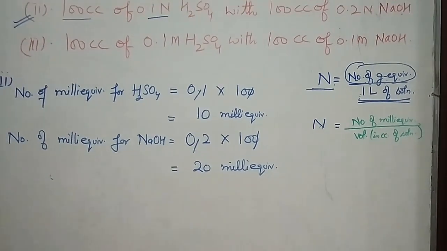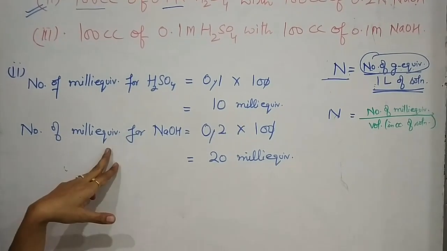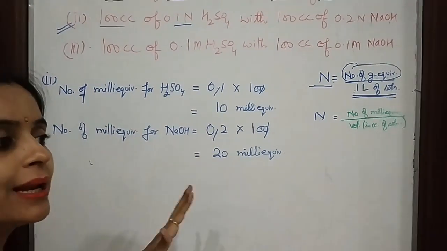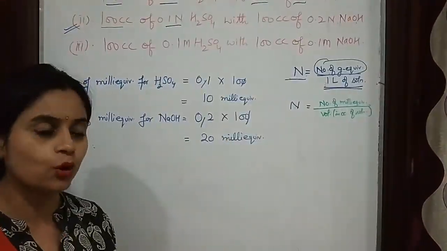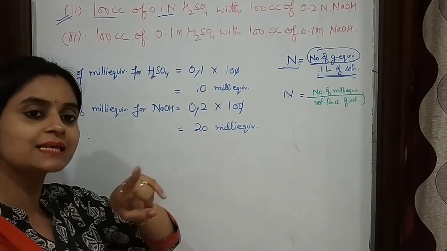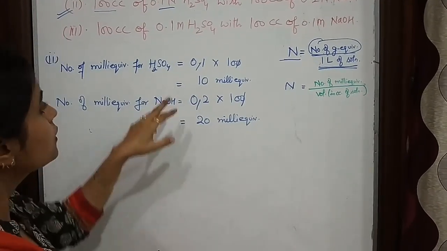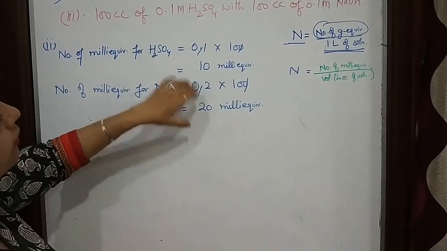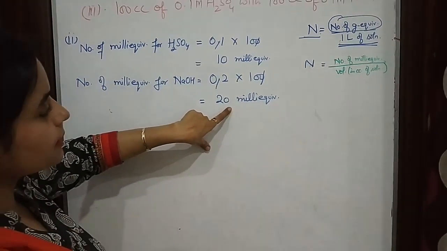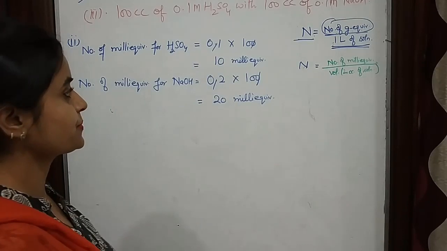Now you observe that H2SO4 has 10 milli equivalents, whereas NaOH has 20 milli equivalents. And from the definition of neutralization, which you studied in your 11th class, neutralization is that process in which equal or same equivalents of an acid will combine with the same equivalents of base to form salt and water. So here it is 10, it is 20. When you mix together these two, since this is an excess amount, 20 milli equivalents, only 10 milli equivalents of this base is used and 10 remains as such.